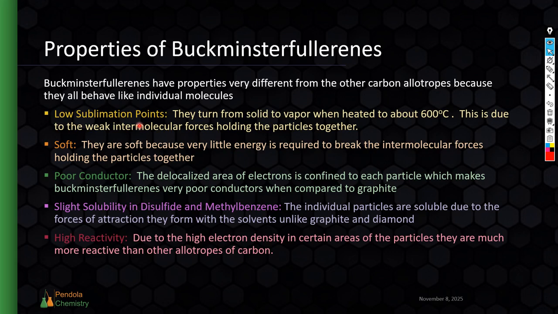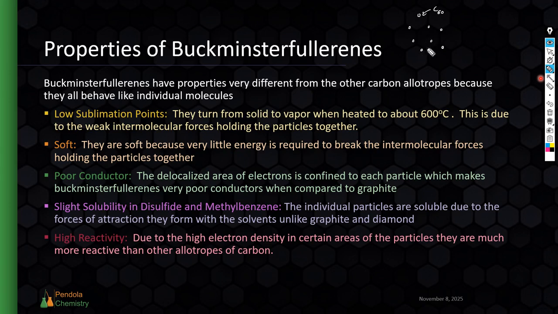First of all, each individual soccer ball acts like a separate particle. So what we have is a bunch of little separate C60 or C20 or whatever Buckminsterfullerene particles. That's why we call them nanoparticles, because the size of an individual little soccer ball is below that 100 nanometer threshold.